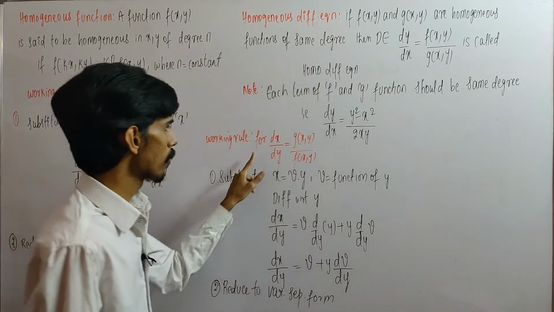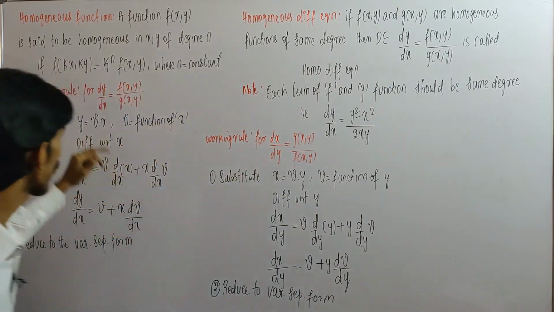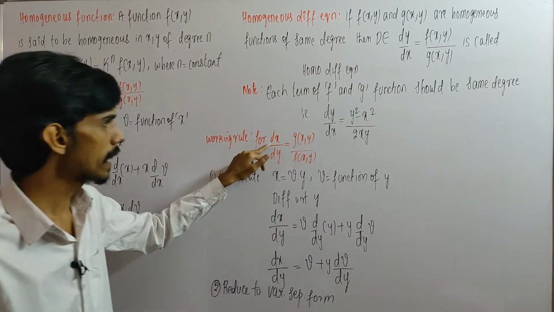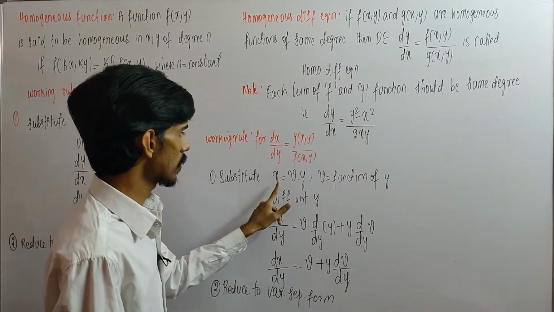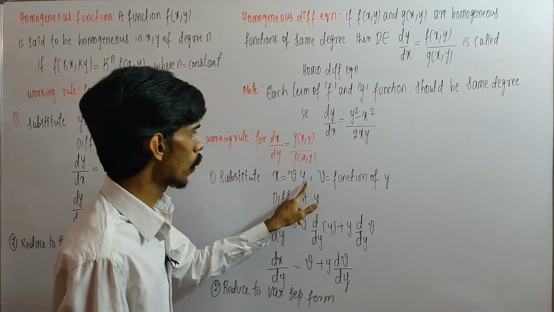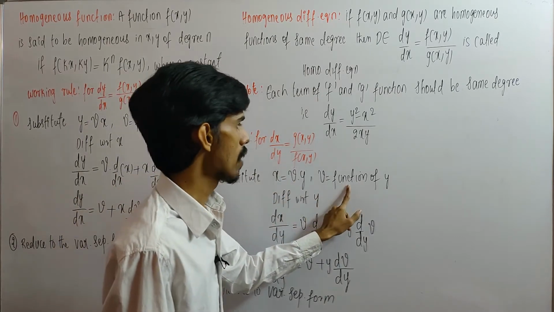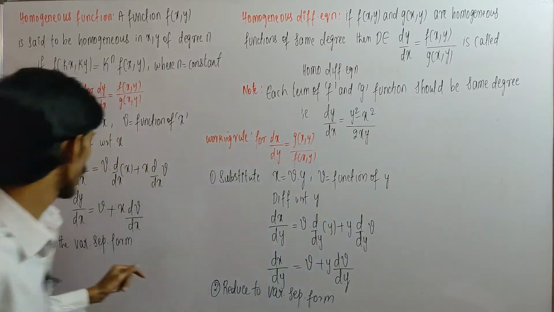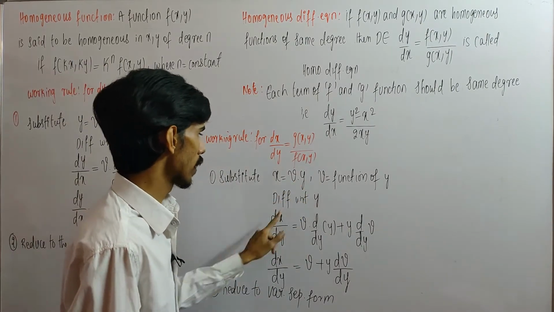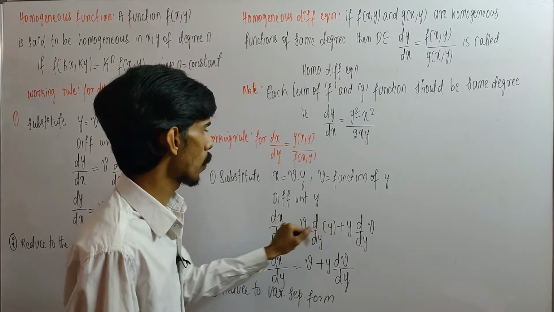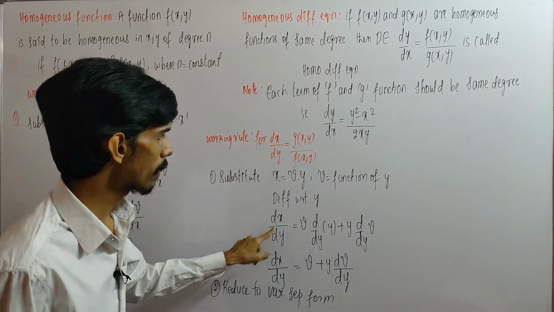Now the working rule for dx by dy. Here we have dy by dx, here we have dx by dy, that is the reciprocal. For this, step 1 is substituting x equal to vy. Here v is a function of y. Now differentiate with respect to y. Here I will get dx by dy.